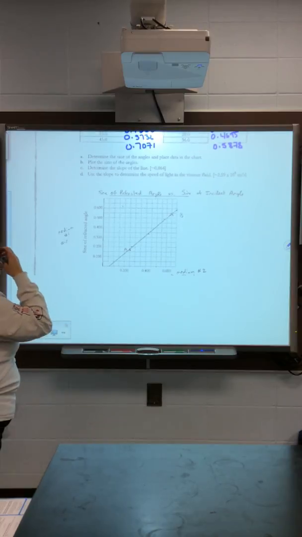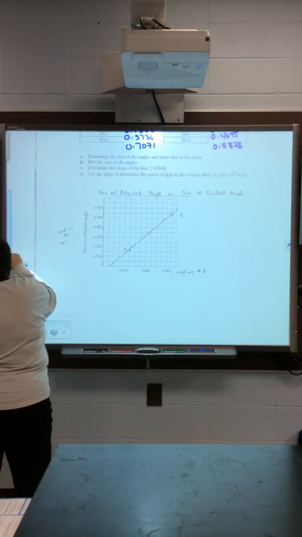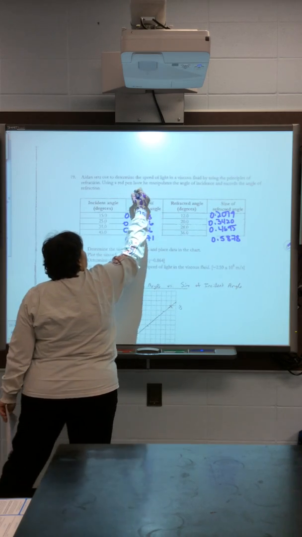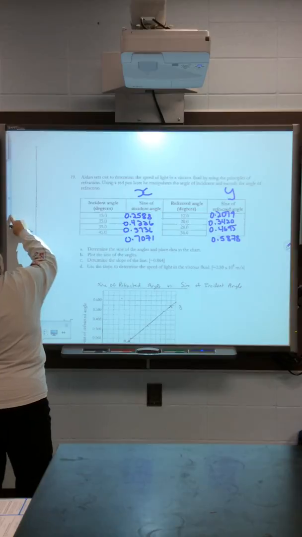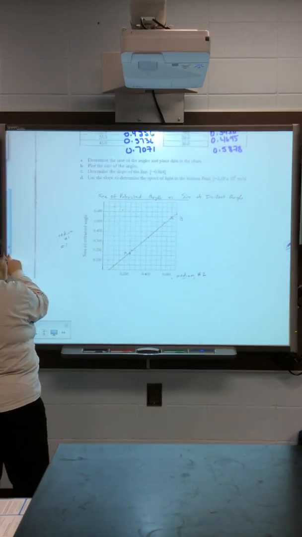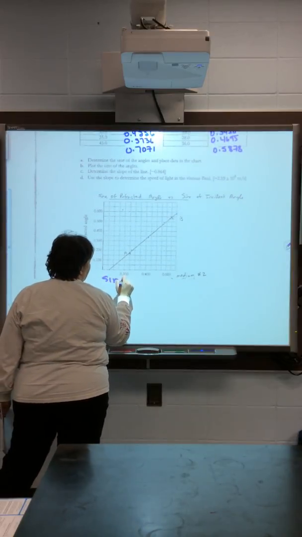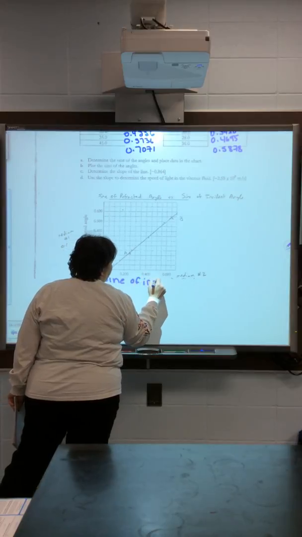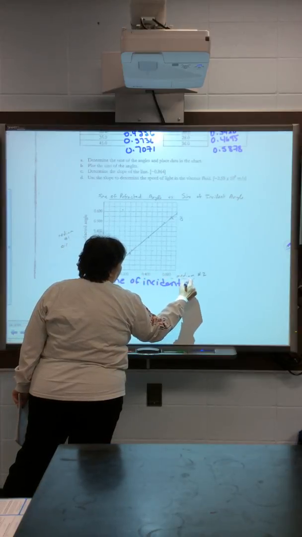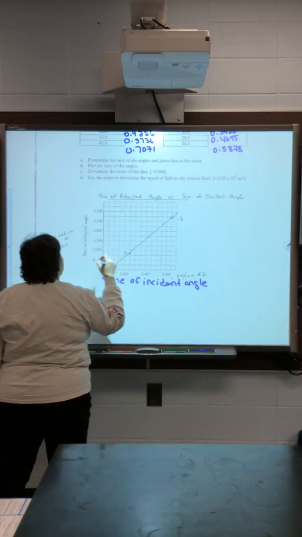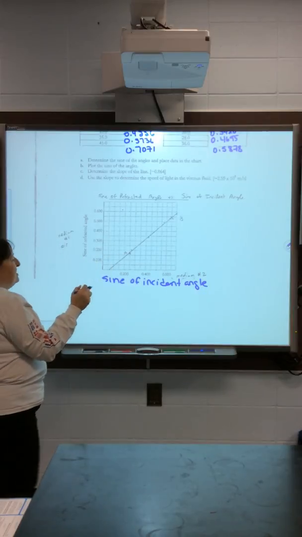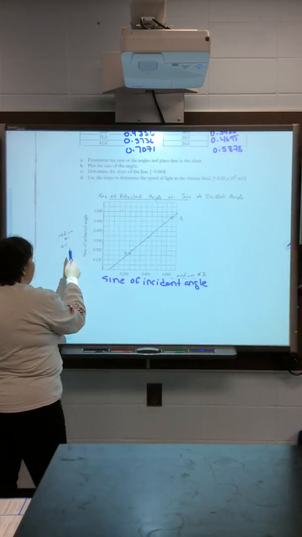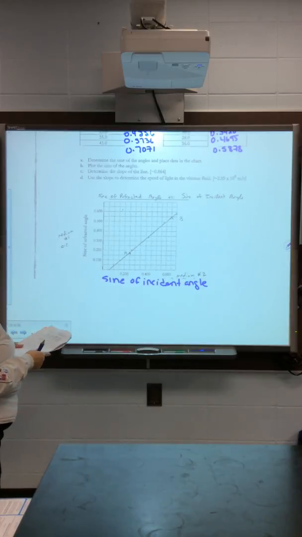Plot the sine of the angles. This here is X, and this here is Y. We read a chart left to right. So this is the sine of the incident angle, and this is the sine of the refracted angle. The incident angle is in medium 2, and the refracted angle is in medium 1.